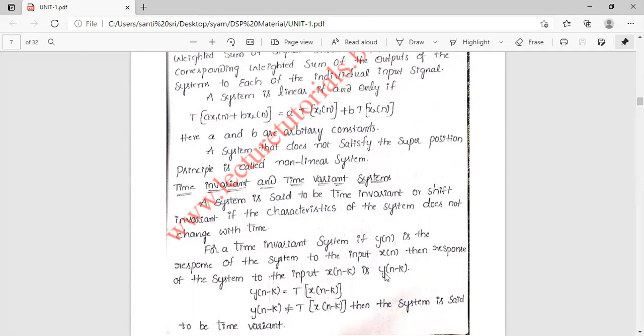If it doesn't depend upon the time, then that is called a time invariant system. So y of n minus k equal to transformation of x of n minus k is time invariant. If y of n minus k is not equal to transformation of x of n minus k, then the system is said to be time variant.